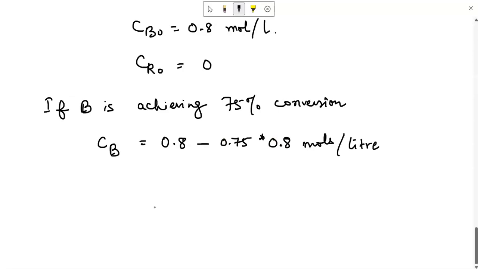This is pretty simple. You will get 0.8 minus 0.6, which is equivalent to 0.2 moles per liter. This is Cb.